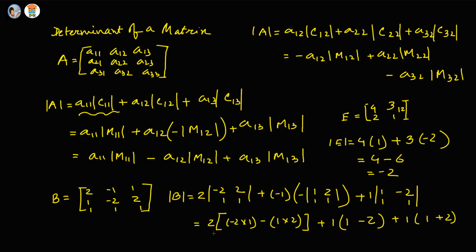So here we will have 2 minus 2 minus 2 minus 1 plus 3. Therefore we will have minus 8 minus 1 plus 3, and the result will be minus 6.